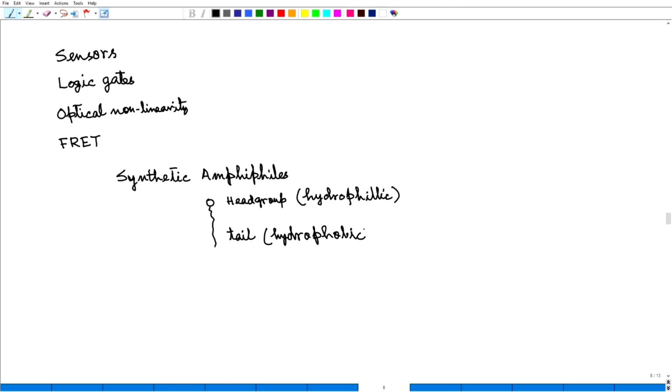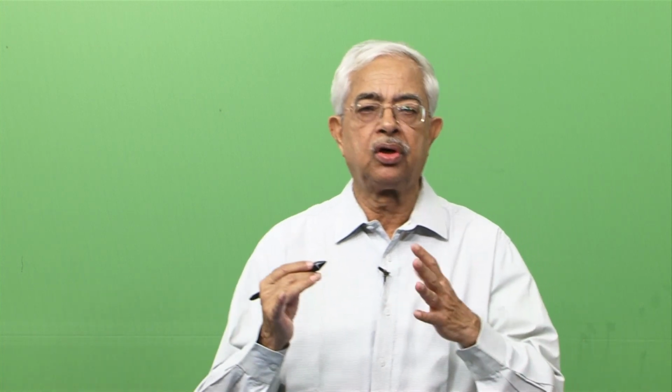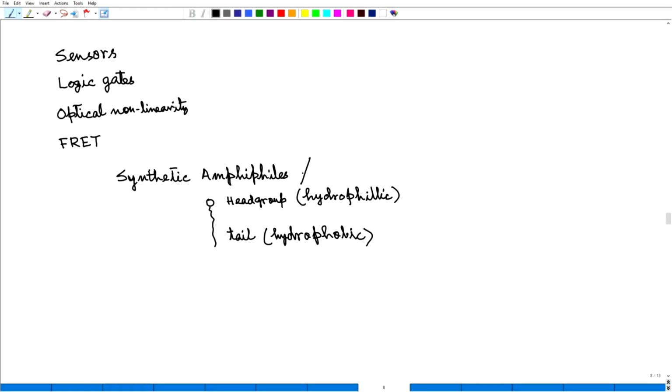So, this can be synthesized. I will talk about this kind of molecules now and what can you do. So, this is also another important supramolecular synthon, these amphiphiles. Amphiphiles also known as surfactants.